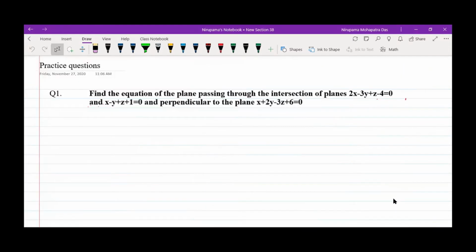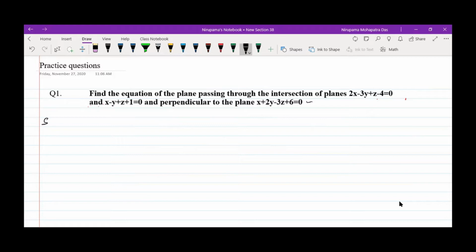The first one: find the equation of the plane passing through the intersection of planes 2x minus 3y plus z minus 4 equals 0 and x plus 2y minus 3z plus 6 equals 0, and perpendicular to the given plane.